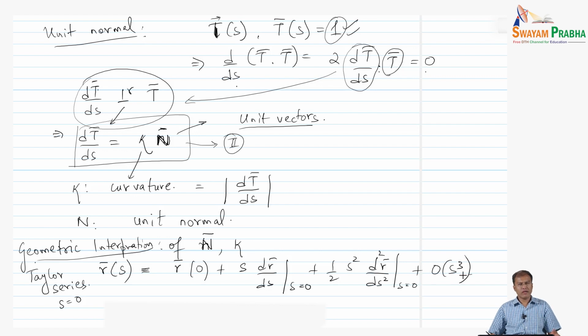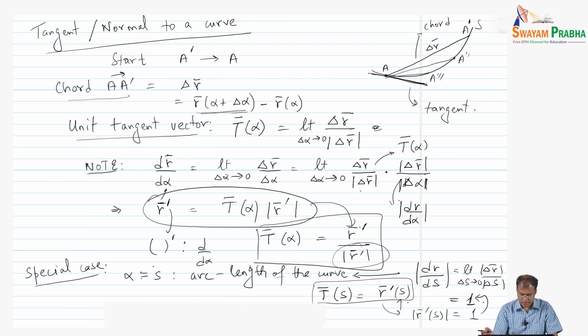So that's the typical Taylor series, and we see that dr/ds is nothing but the unit tangent vector t of s. We have just found in our previous set that if alpha is s, the arc length, then the unit tangent vector t of s is dr/ds.